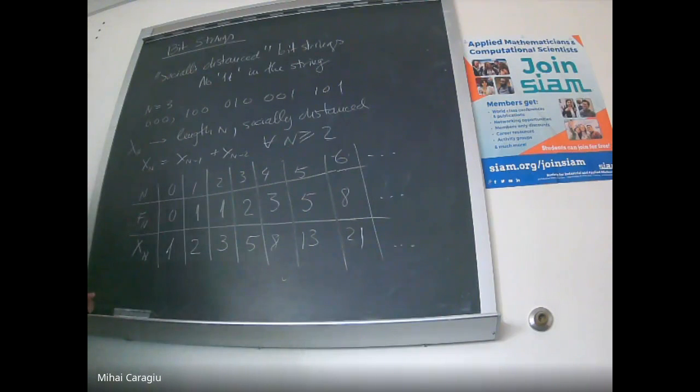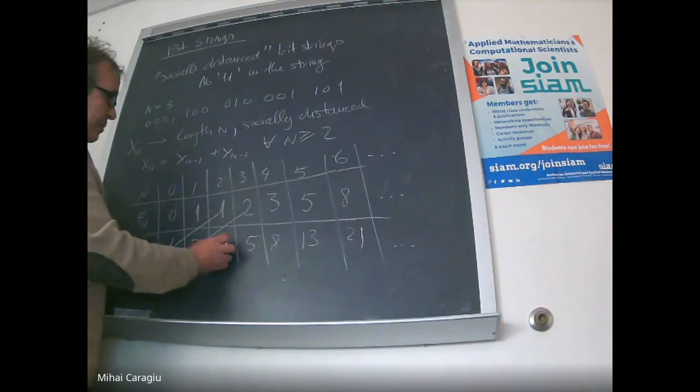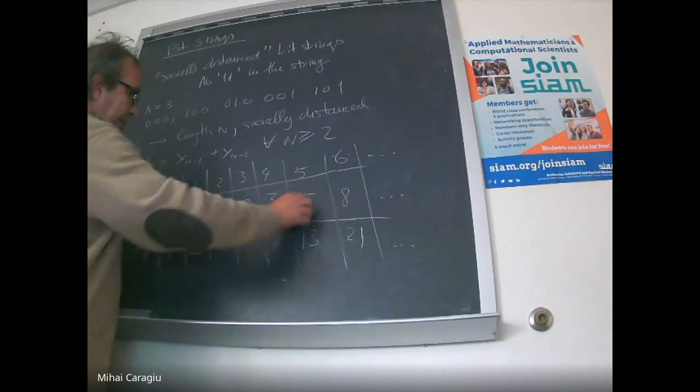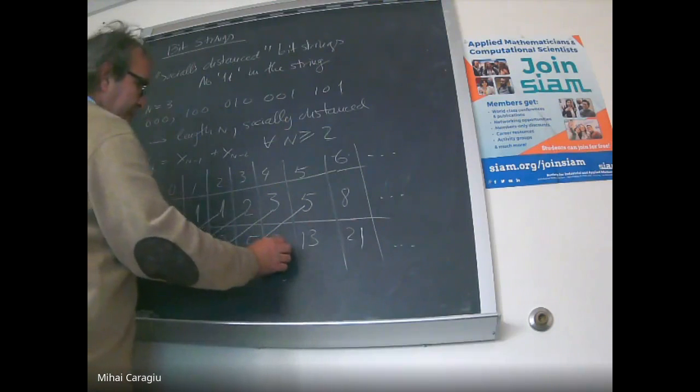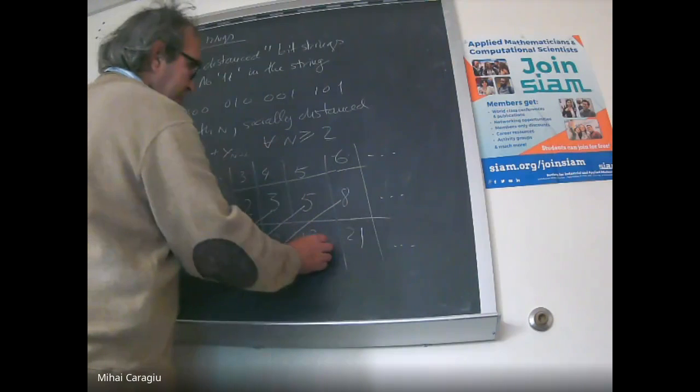So notice that we have an important shift. x_0 can be matched with F_2, x_1 will be matched with F_3, x_2 will be matched with F_4, x_3 will be matched with F_5, x_4 will be matched with F_6, x_5 will be matched with F_7.